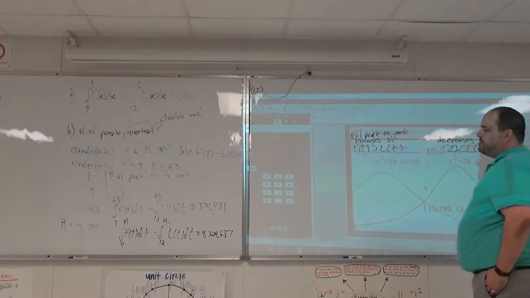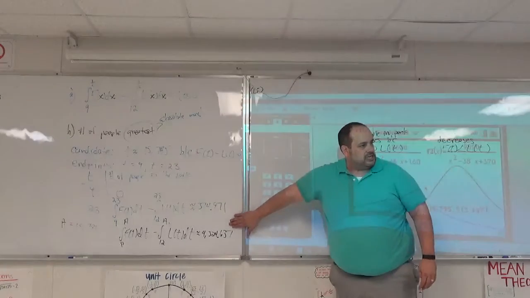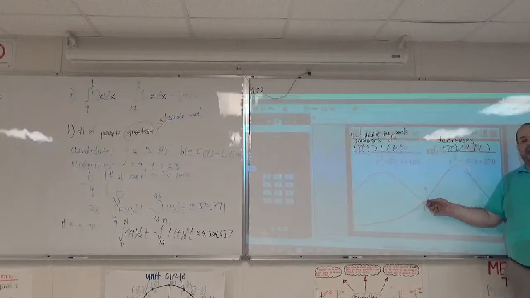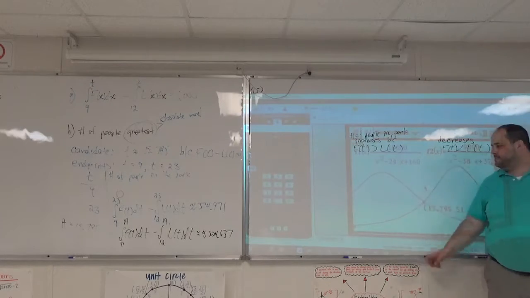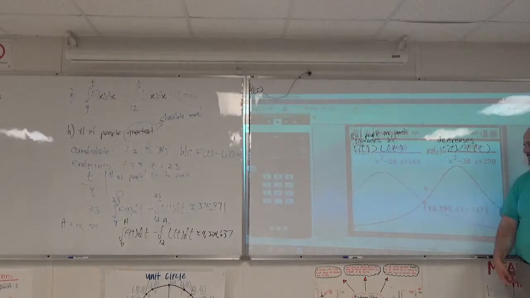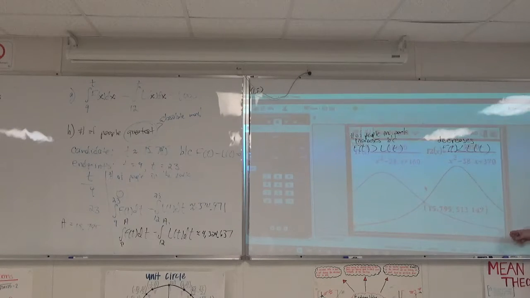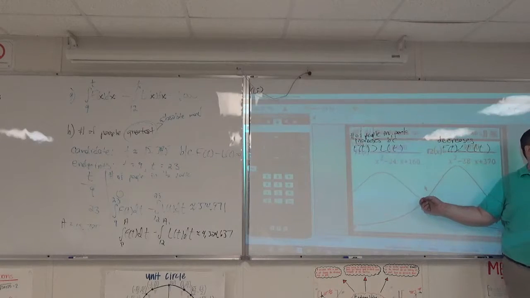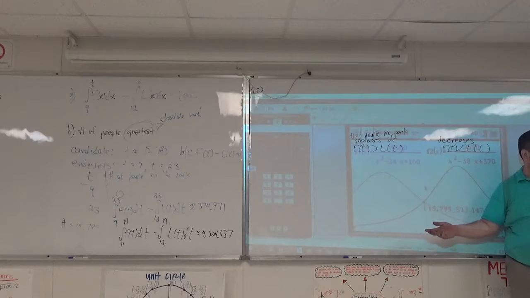So you can either go with the table, and the table is your justification, or you make an argument with the graph and say something like, from 9 until this point, the number of people is increasing. From this point to 23, the number of people is decreasing. That makes this point a relative max, and because it's the only extrema, an absolute max.